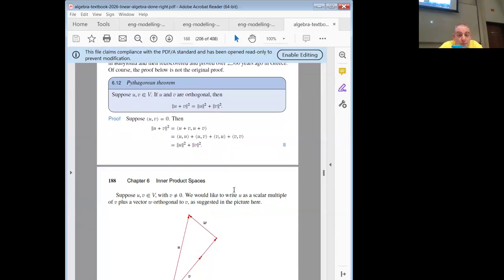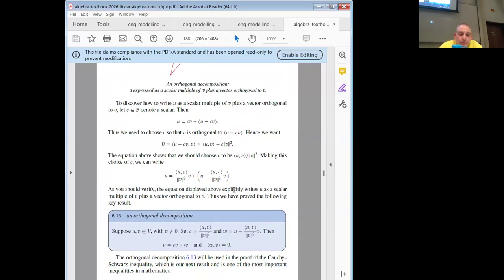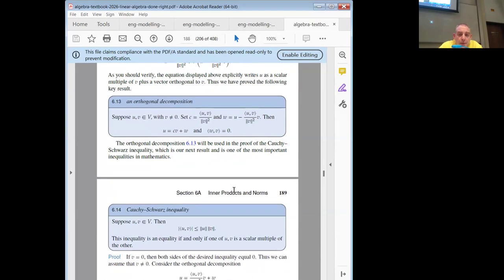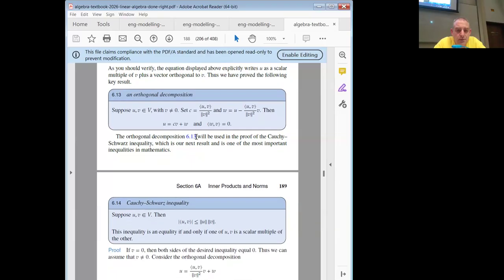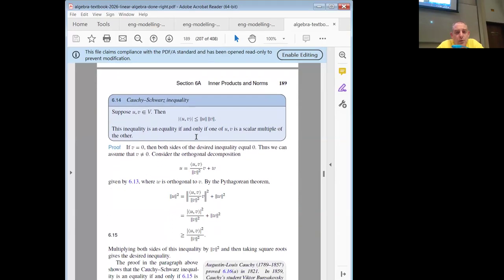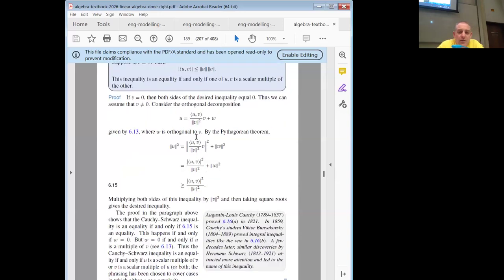Pythagoras' theorem, if they're orthogonal. This is orthogonal projection, right? Cauchy-Schwarz inequality. I don't think any of that's relevant at the moment.